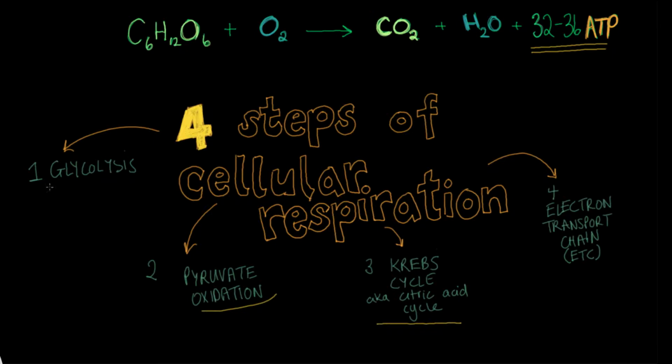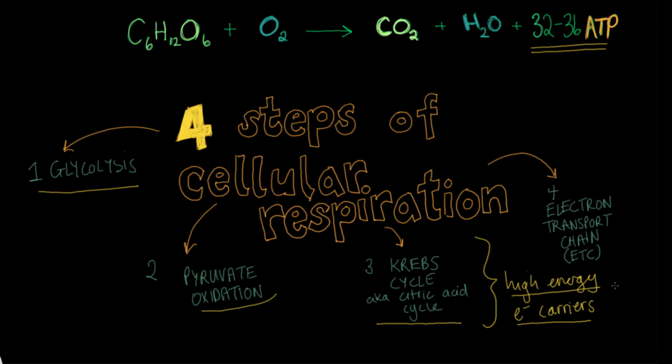So these first steps, glycolysis, pyruvate oxidation, and the Krebs cycle, the goal of those is to make high energy electron carriers. And we'll talk about those shortly. Now the energy contained in a glucose molecule has been transferred to these high energy electron carriers.